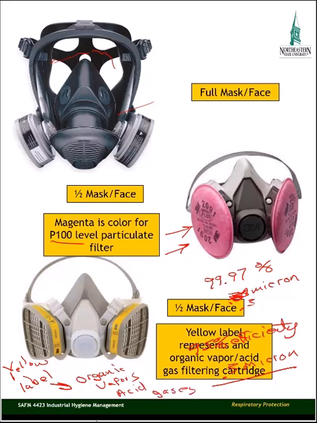So if you're going to be working in an area where we have the presence of organic vapors like toluene or acetone or something like that, you need a cartridge that will protect you from organic vapors. If you're in an area where there are acid gases, you need a cartridge that will protect you from that. This particular cartridge is rated for both organic vapors and acid gases.